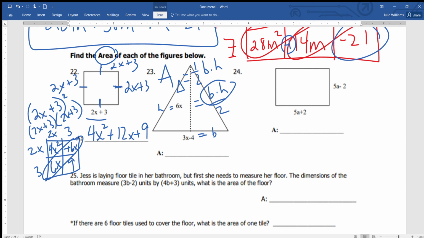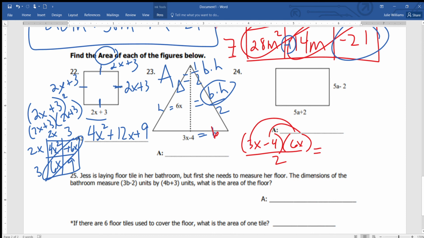Let me change some colors for you. Okay, so base is this. So 3x minus 4 times the height of 6x. I have to divide all that by 2. Alright, so this is just distribution here, right?